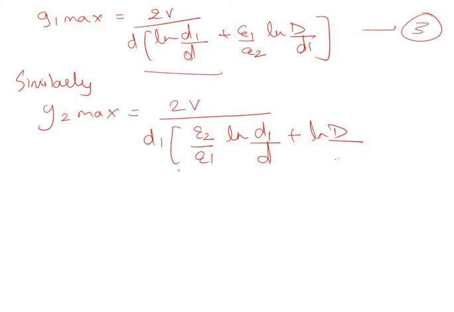You have to solve this in your books first, and finally you will get the final equation of G2 max. In the same way we calculated G1 max, you have to calculate G2 max. So this is equation 4.